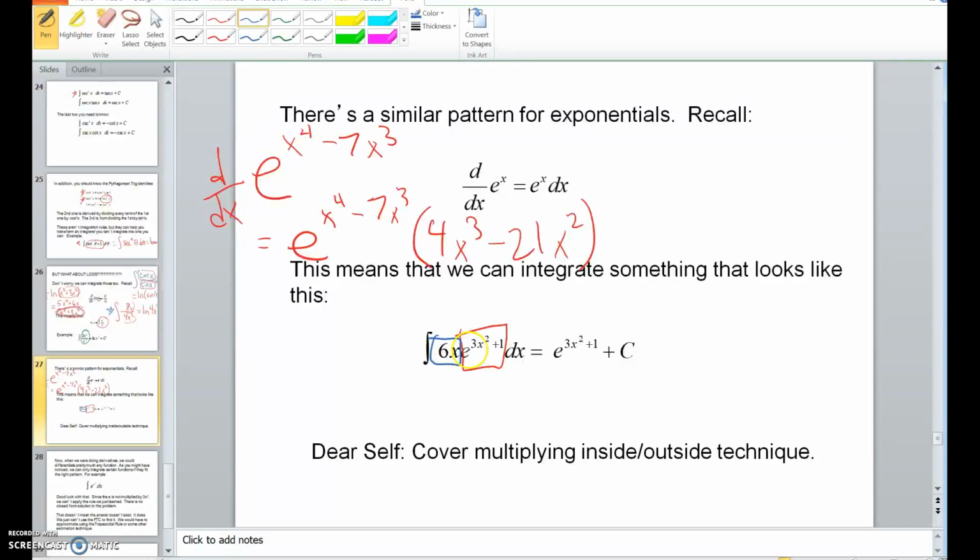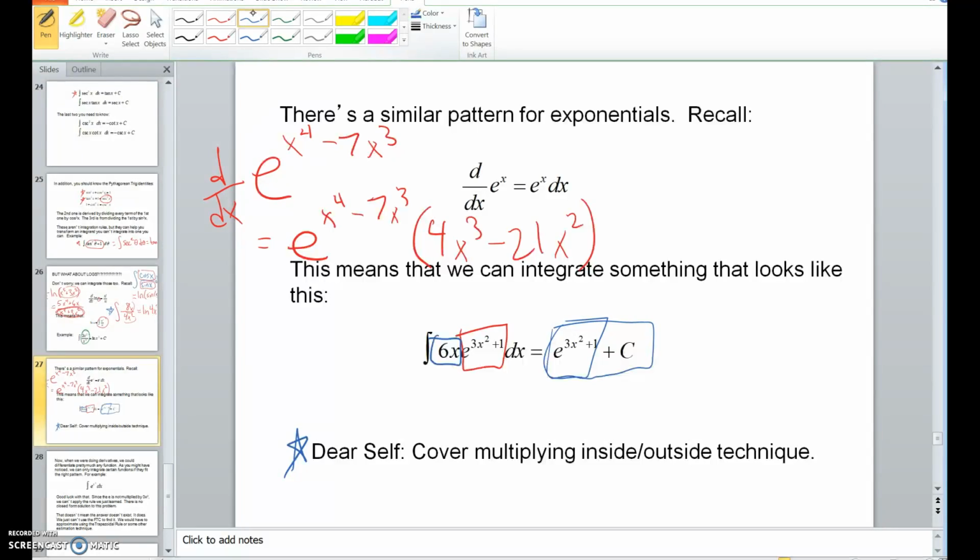So when I integrate this, I'm just going to get back to e to the 3x squared plus 1. And you can verify that if you take the derivative of e to the 3x squared plus 1, you do in fact get 6x times e to the 3x squared plus 1. Okay, so I see I've written a helpful note to myself here.